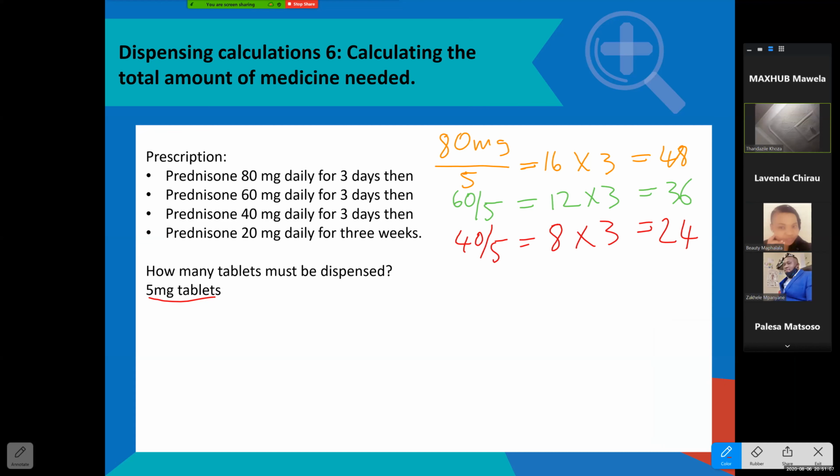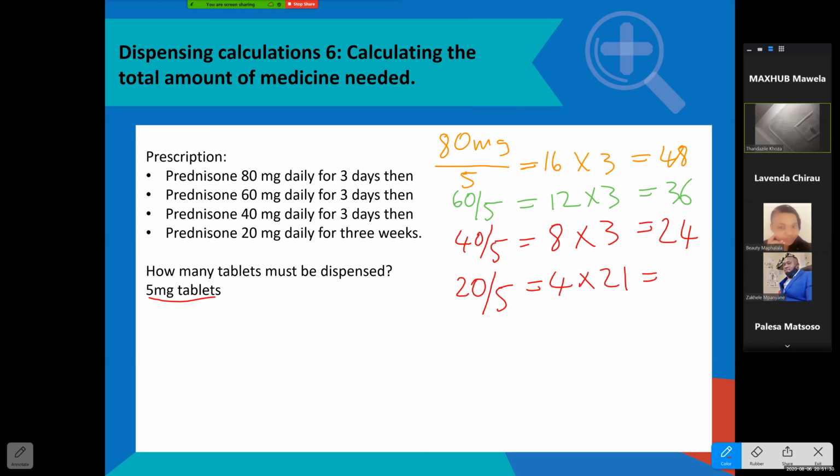And then you've got the last one, which is 20 milligrams divided by 5 milligrams, and it gives you 4. 4 multiplied by 21.